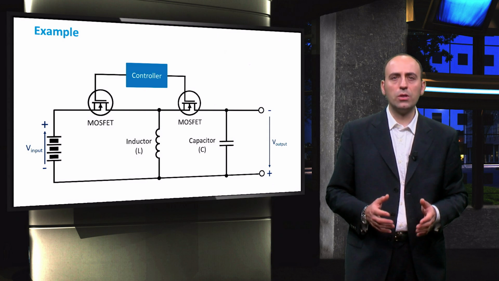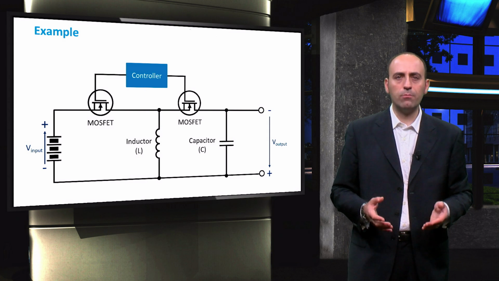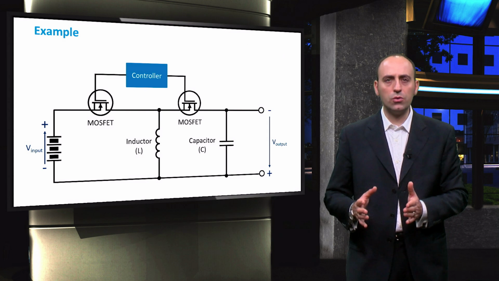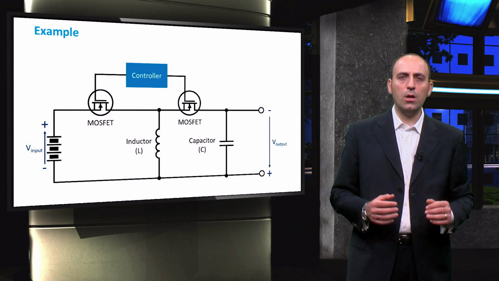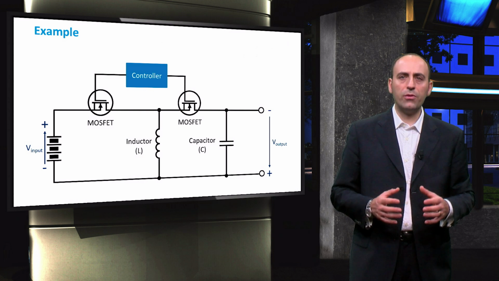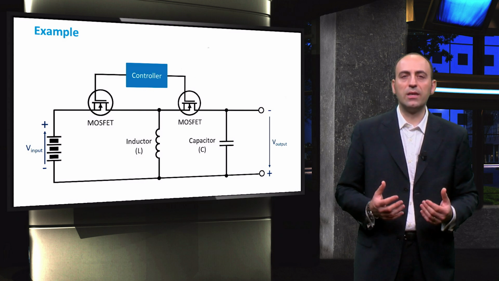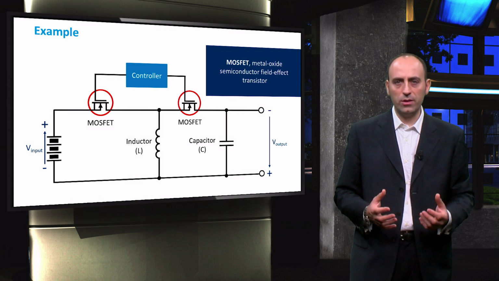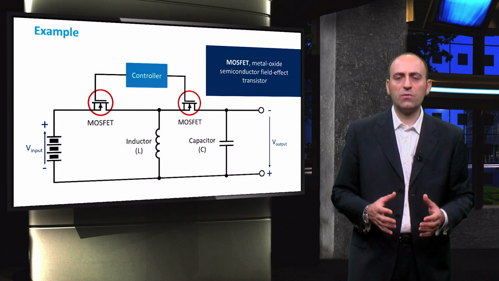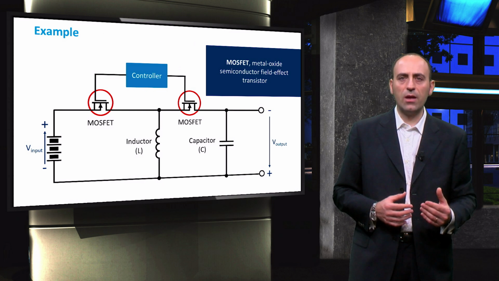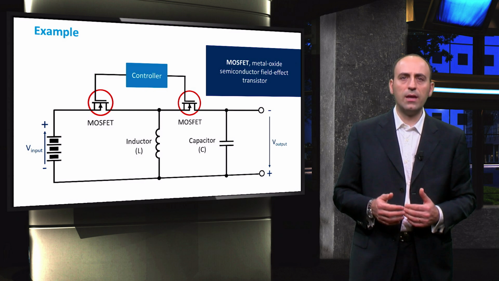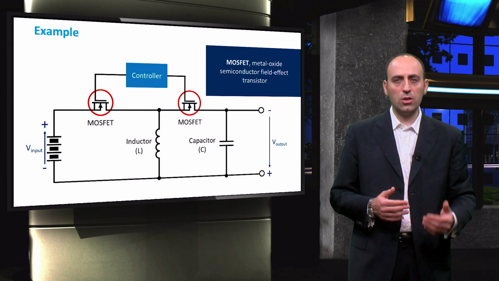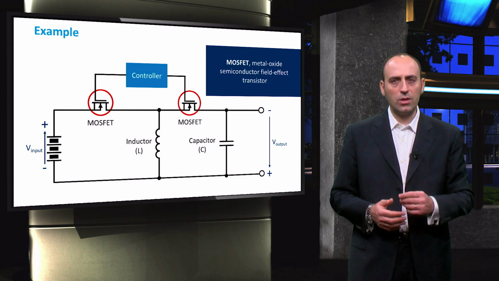Now, before the conclusion, I want to show you an example of buck-boost converter, moving away from the ideal converter and closer to a more realistic topology. You see now that both the switch and the flyback diode are represented with a MOSFET, which is a transistor that we have already introduced. Notice that a MOSFET can work also as a flyback diode depending on how you control it, and this choice of using a transistor instead of a diode is a choice made at production level.